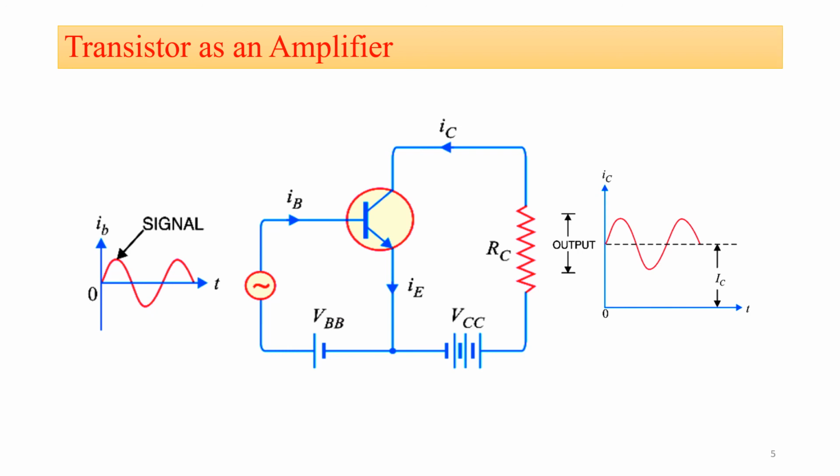As our output current is the multiplication of our current gain and the input current, and the current gain is already very high, which lies between 19 to 199, in this way we can use our transistor as an amplifier due to the high value of beta DC or the high value of our current amplification factor.